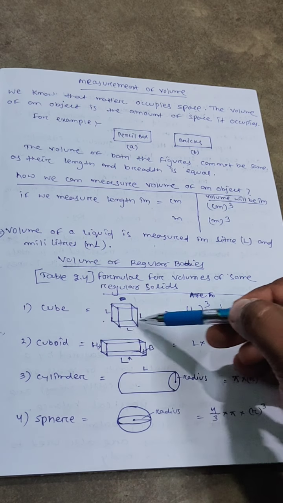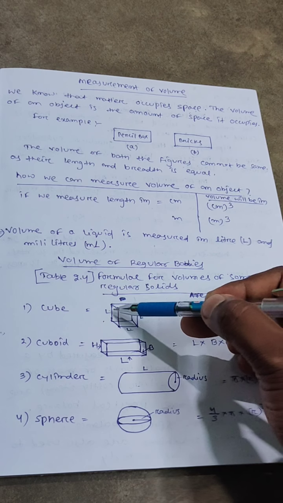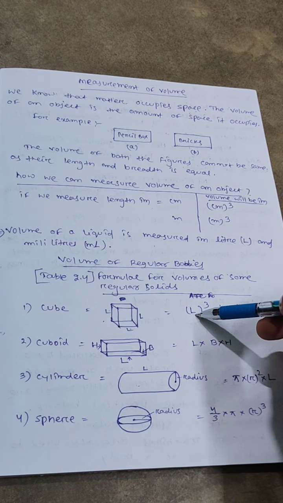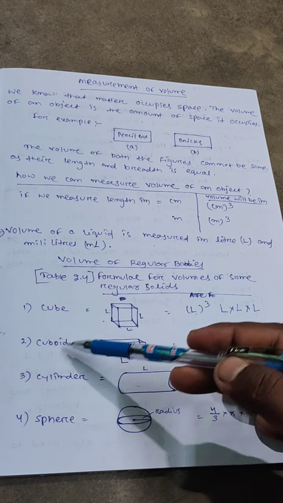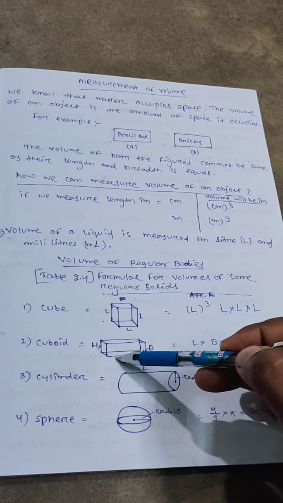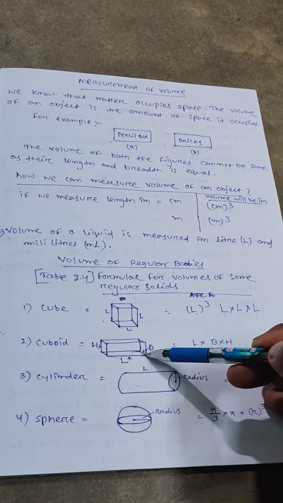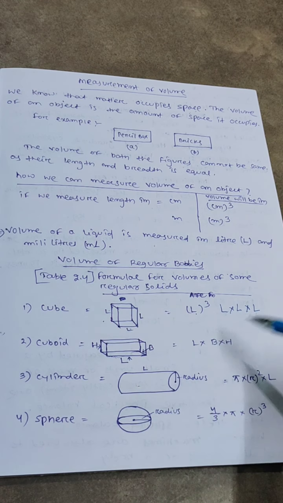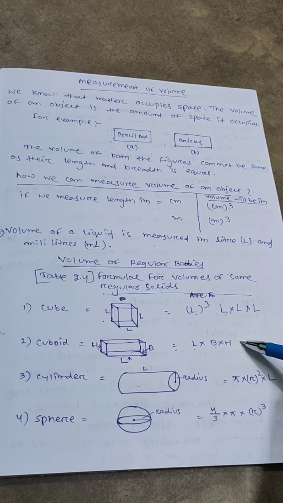So the formula is length cube. Second, moving to the cuboid. Here you can see the length, the breadth, and the height. So the formula is length into breadth into height.